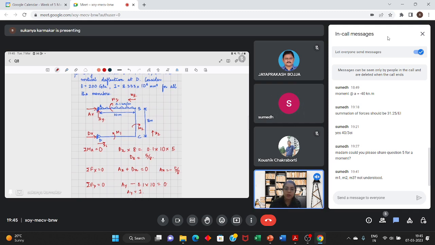Then I'll apply a unit vertical load at support D and calculate the moments. I've not done that till now.